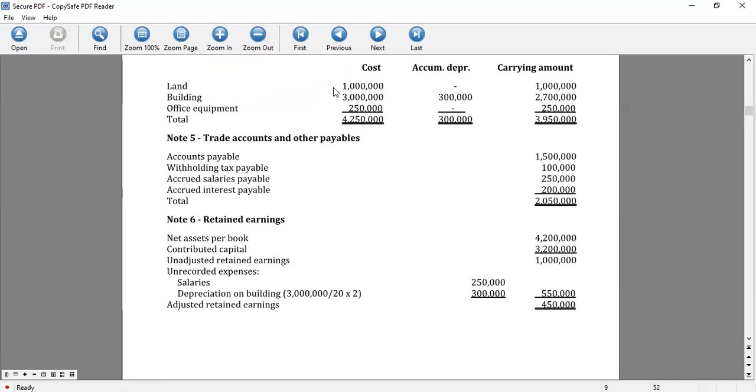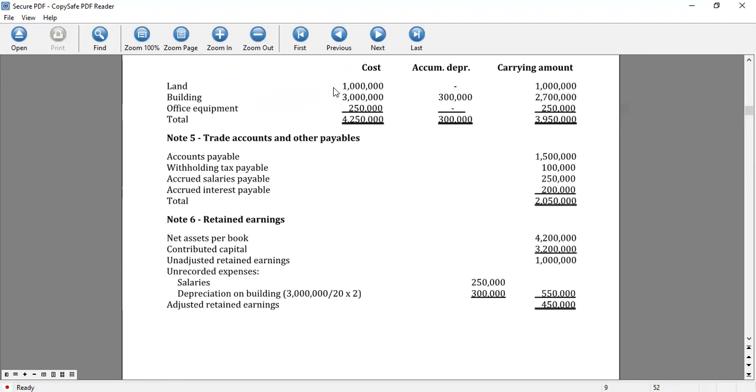Then we are going to adjust for the unrecorded salaries, 250,000, and the depreciation on the building with an original cost of 3 million as given, and a life of 20 years.